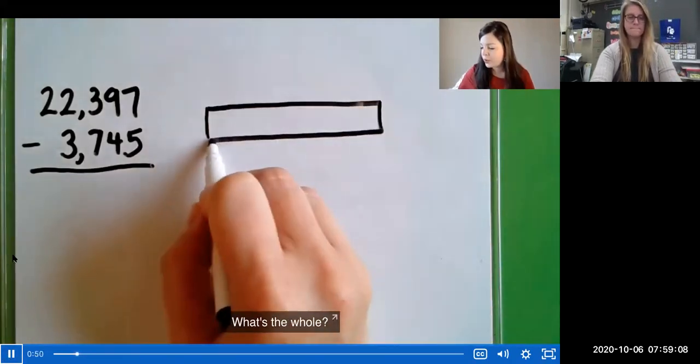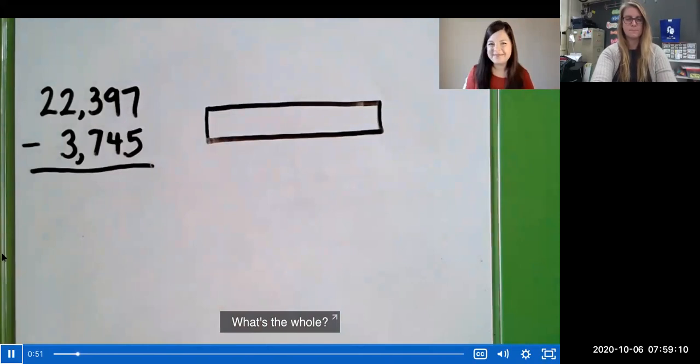What's the whole? 22,397 is the whole, and so I can label that here at the top. And we know 3,745 is part of the whole, so we need to think about how big to draw that part. Tell me when to stop to draw the part.